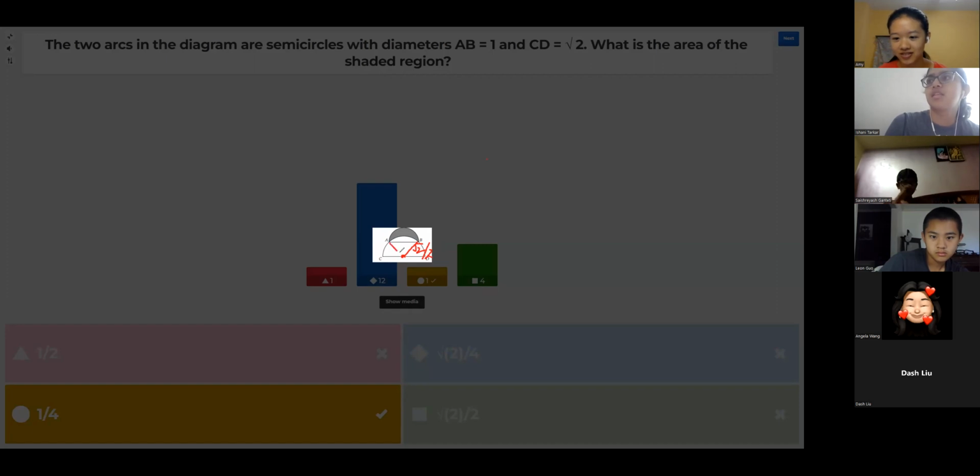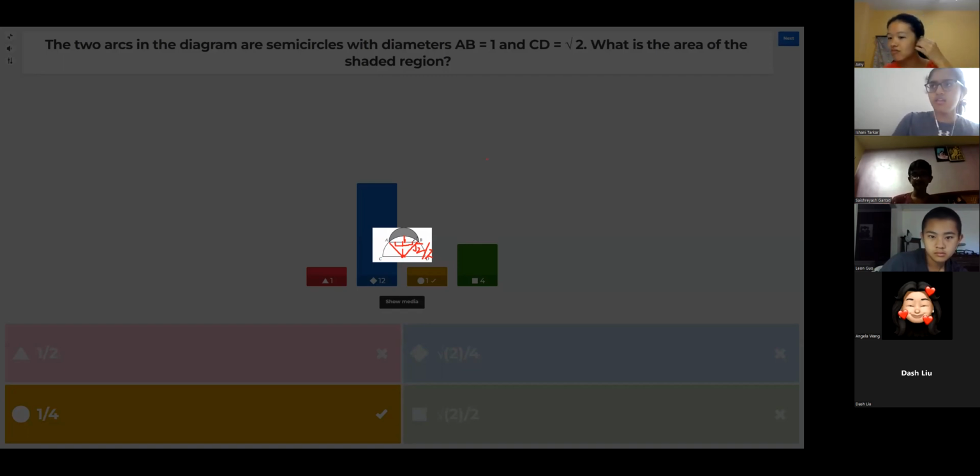Then this would also be radical 2 over 2, and AB would be equal to 1. So we have 2 right triangles, because if you divide an isosceles triangle in half using an altitude, it will be 2 right triangles.